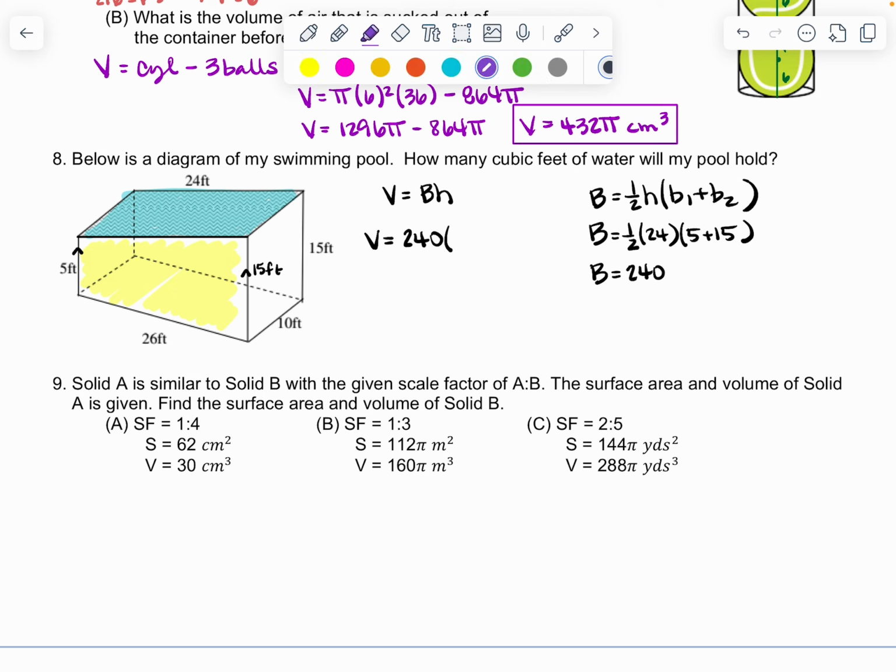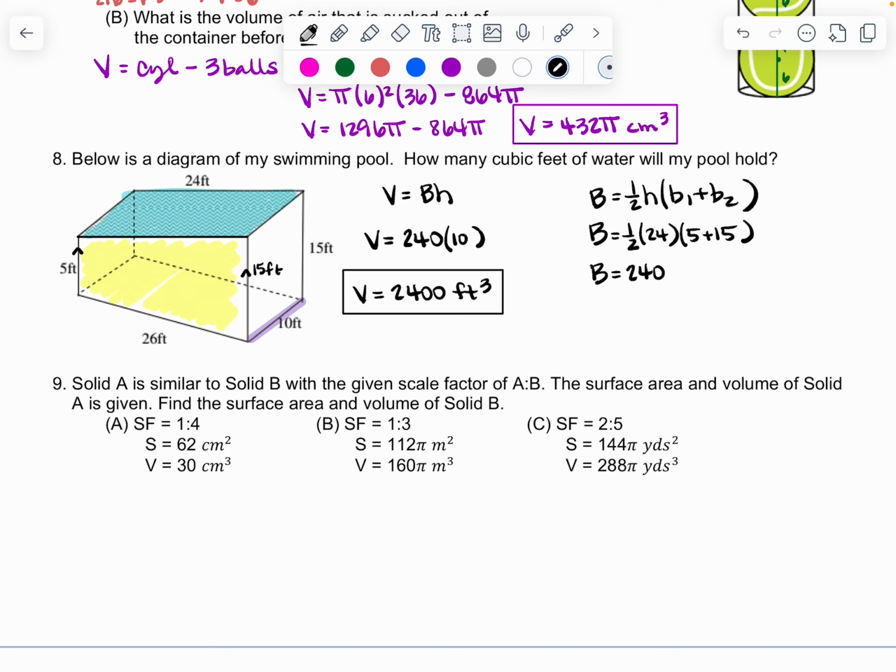And then we're going to multiply that times the height of the prism itself, which would be the distance from one trapezoid to the other trapezoid base, which is going to be this 10 right here. So the height is 10. So voila, the volume of our pool is 2,400 cubic feet of water that could fit in the pool.